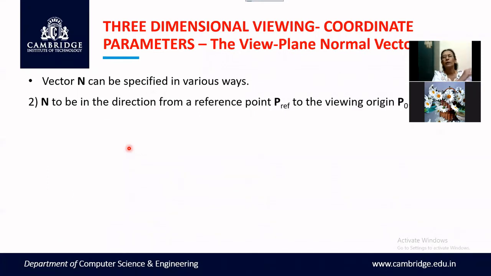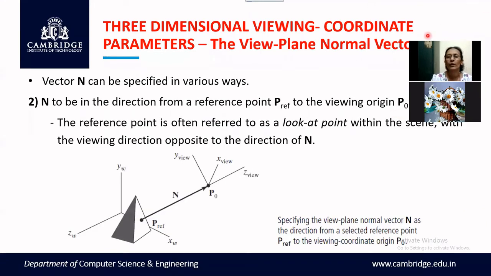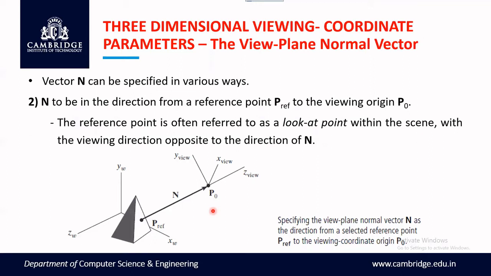The second method is by defining the normal direction from a reference point to the viewing origin. Say this is our object. This P0 is the position from where we are going to look at this point.